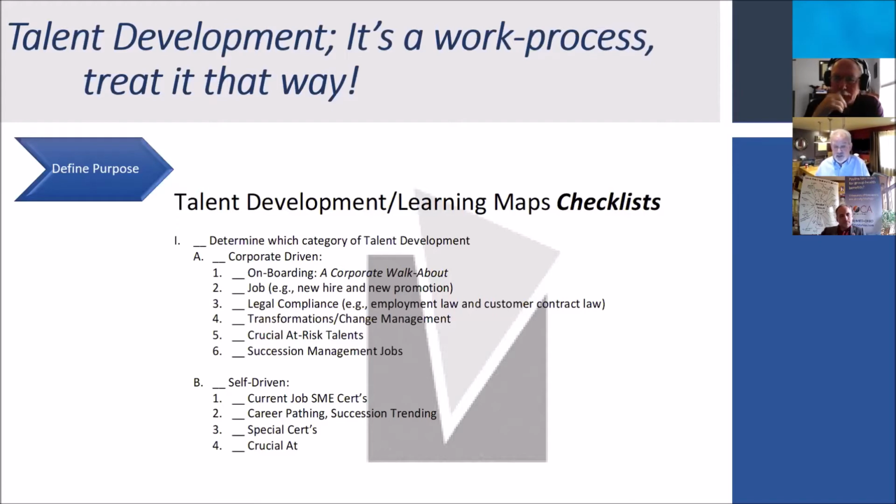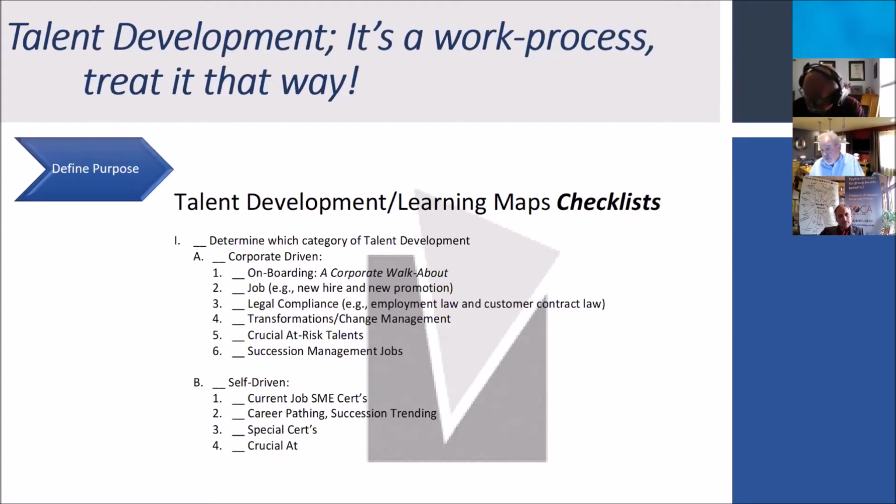We also found a situation in that same hospital where one person did all legal compliance, medical legal compliance, OSHA legal compliance, on and on, all of it. That's what I call a crucial at-risk talent: within a short period of time, if you lost this person, you would have a hard time operating. So you would train on some of those crucial at-risk talents; that is another reason to do it.